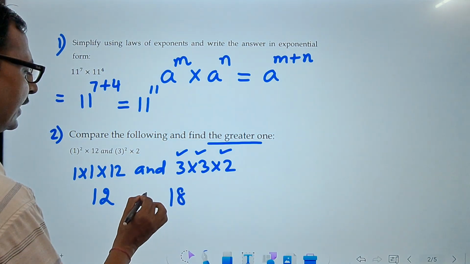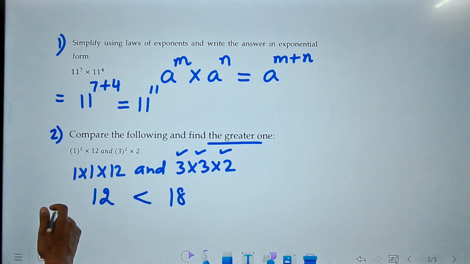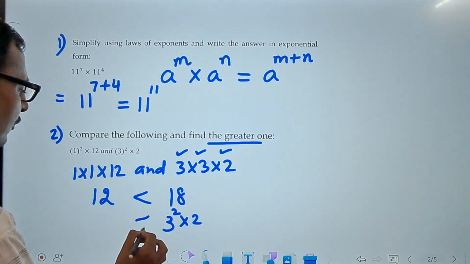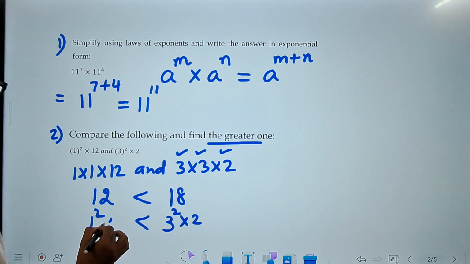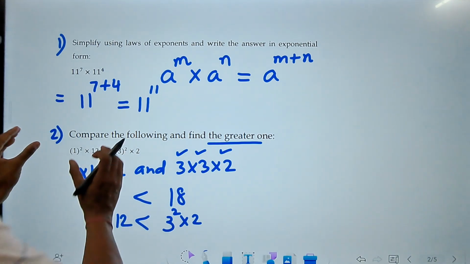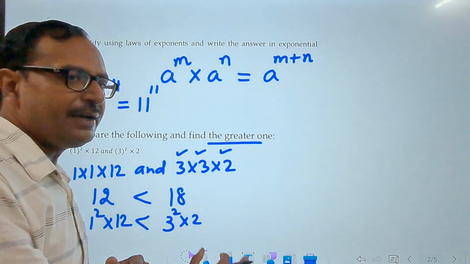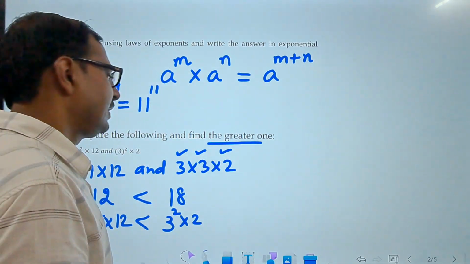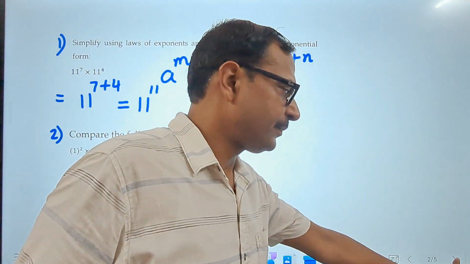And we know that 18 is greater than 12. So this was obtained from 3 square times 2, which becomes greater than 1 square times 12. So comparison can be done when you expand the powers and find the answer as a whole number or an integer. This is the second type of question.